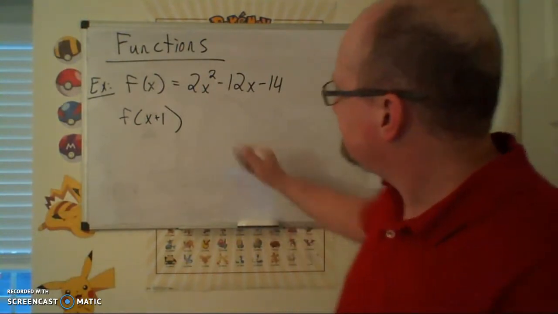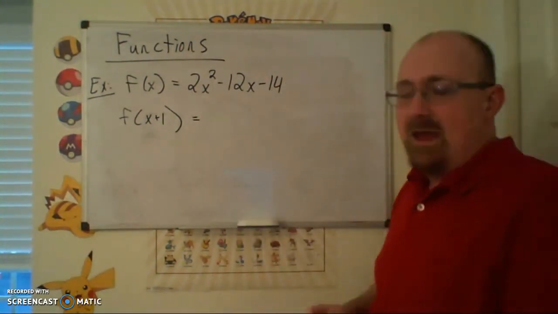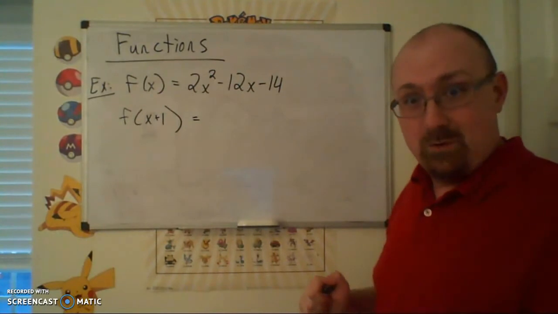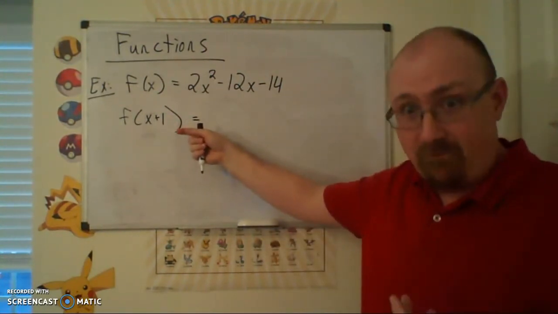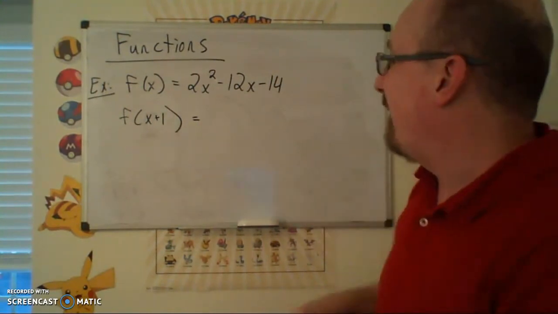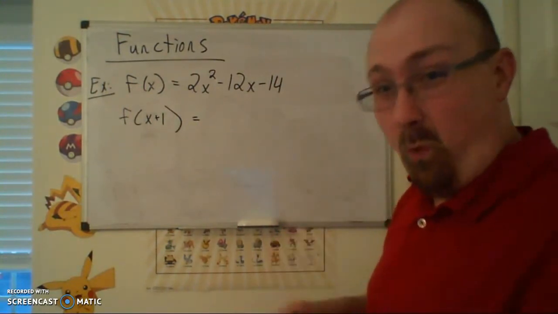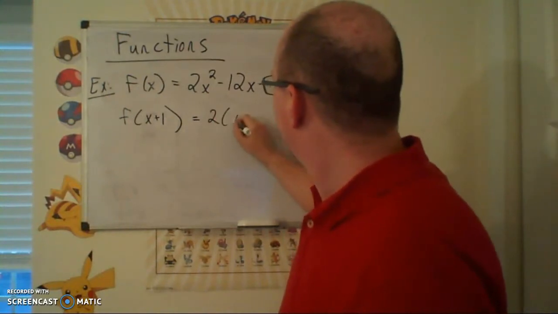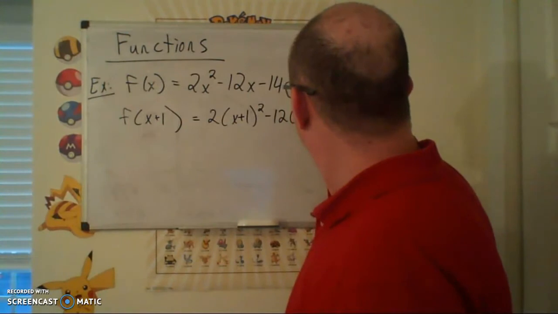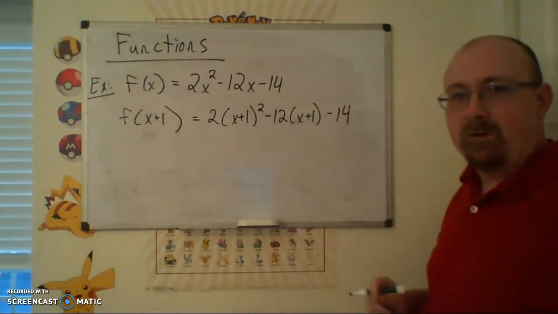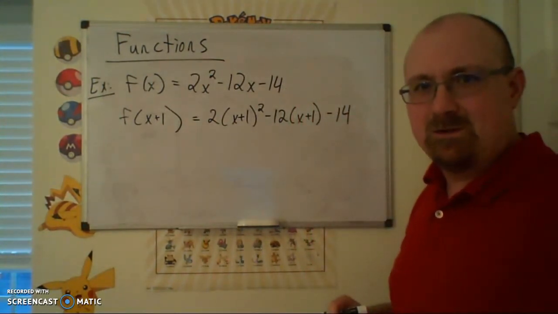Now, in this instance, everywhere we see an x, what's going to go in its place? The thing in the parentheses, just like we had the 1 before, and then the minus 1. Now everywhere we see an x, x plus 1 goes into that slot. And I'm creeping over to where I've got to stand myself in the corner.